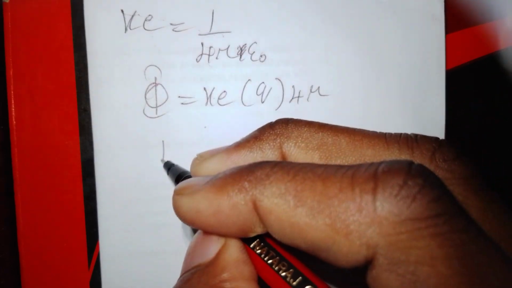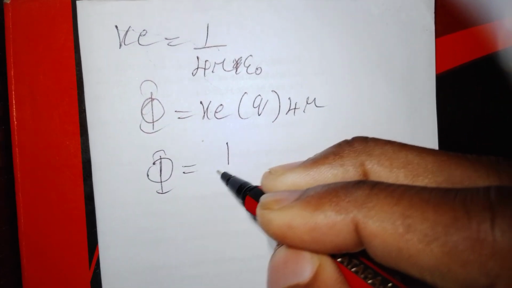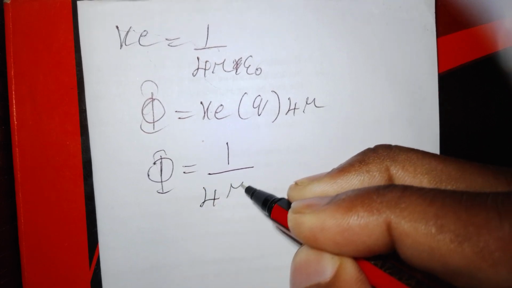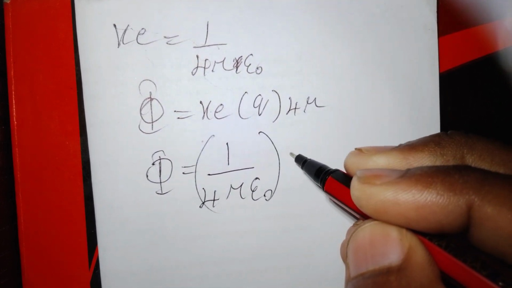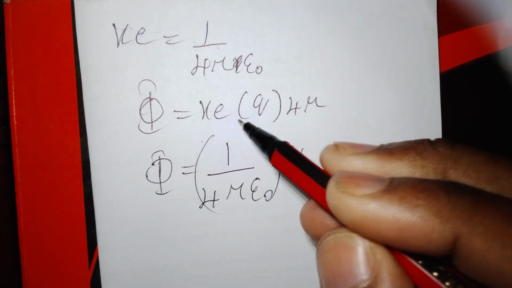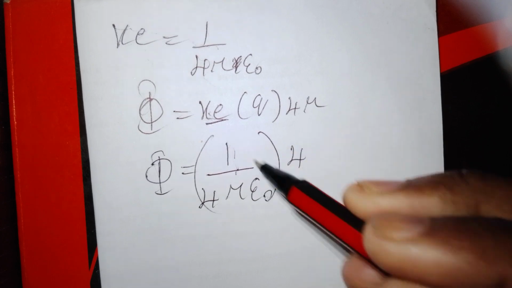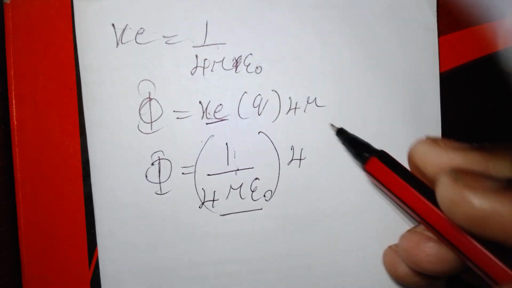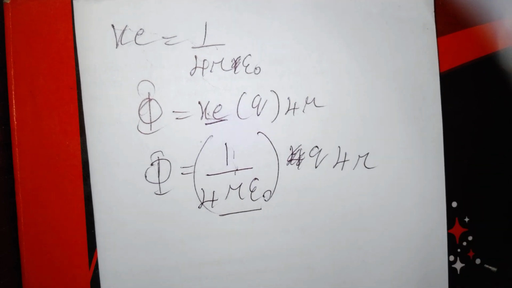So the electric flux is equal to 1 over 4 pi epsilon naught, which is this right here, then you've got Q times 4 pi.